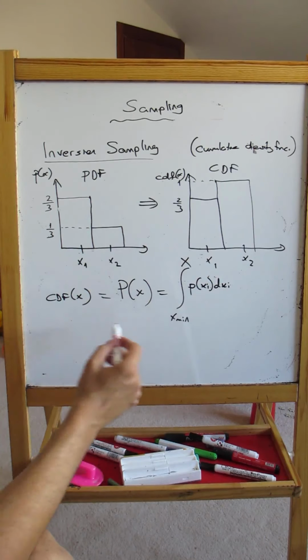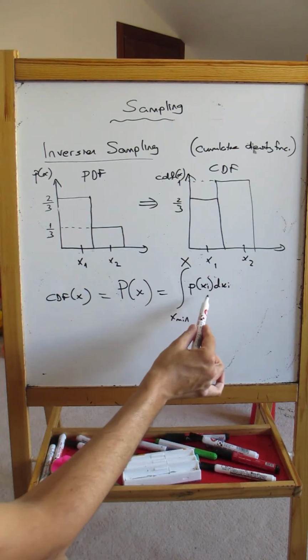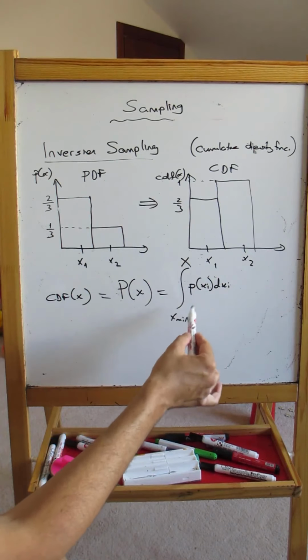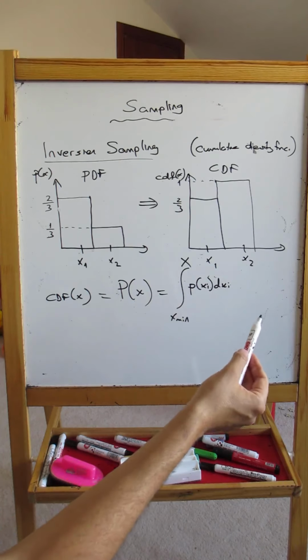So we are basically integrating the probabilities starting with the smallest value and up to the largest.